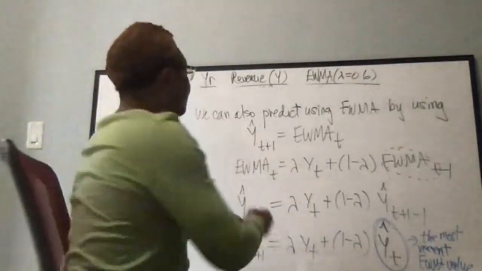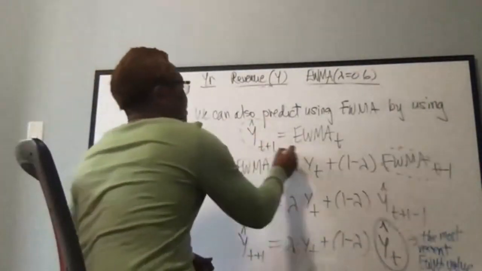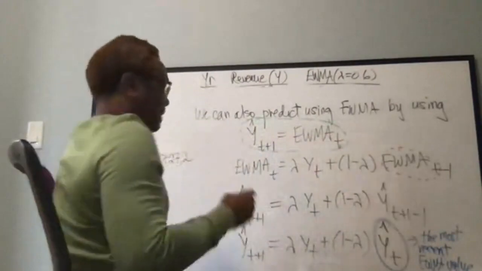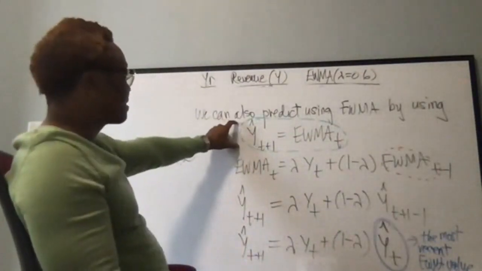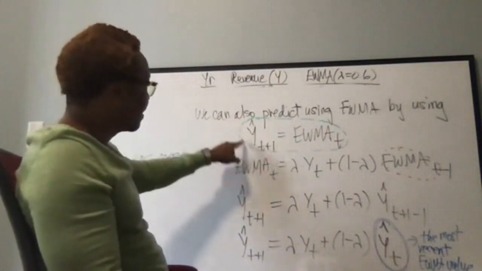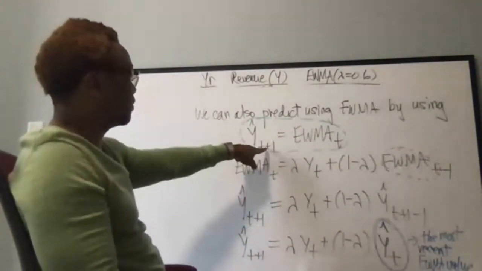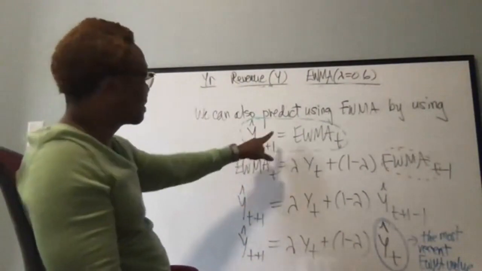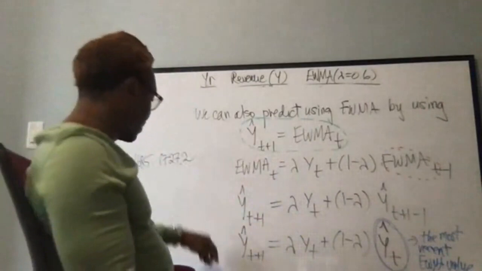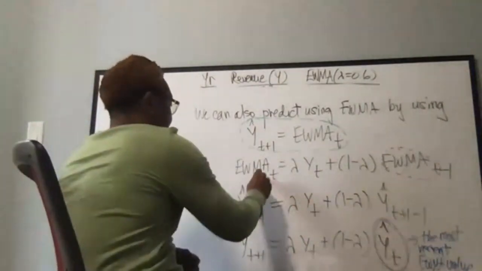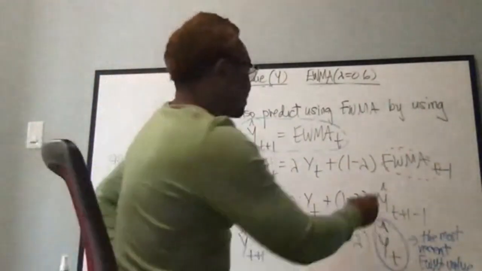This is what I'm using to figure out how to predict. I'm going to take this part and substitute it where I calculate one time into the future, t plus 1. I substituted it right here, and I substituted it right here.